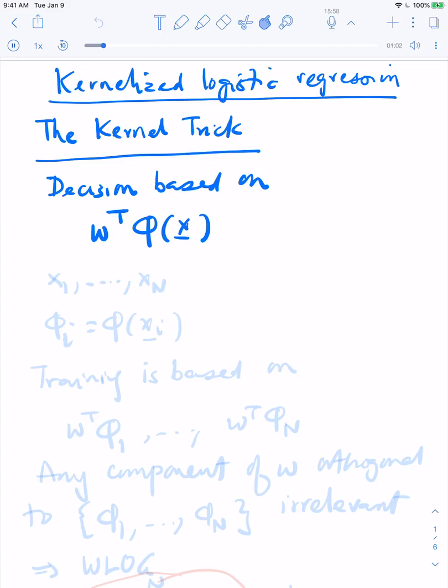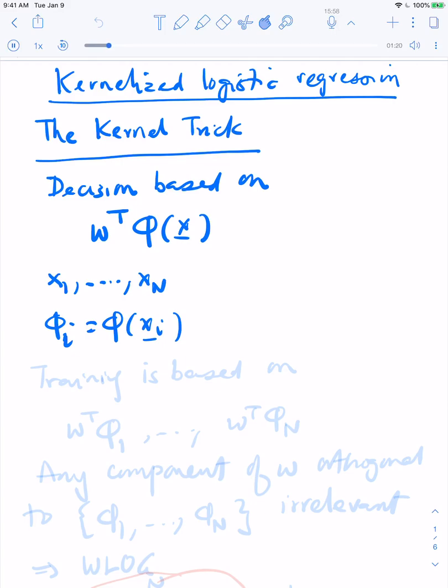And as usual, you're given data points x1 through xn, and you have phi i, which is the feature vector corresponding to the ith point, right?